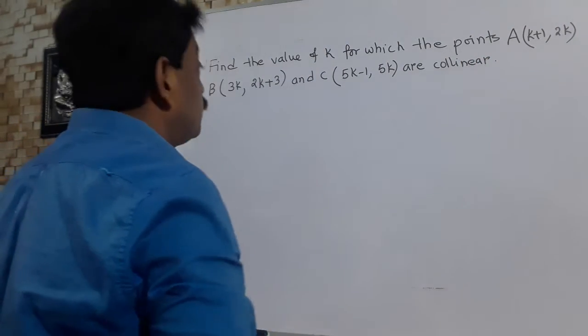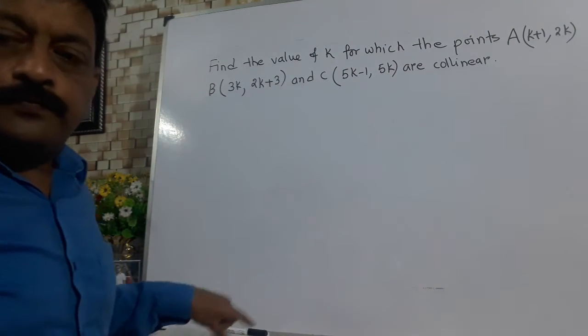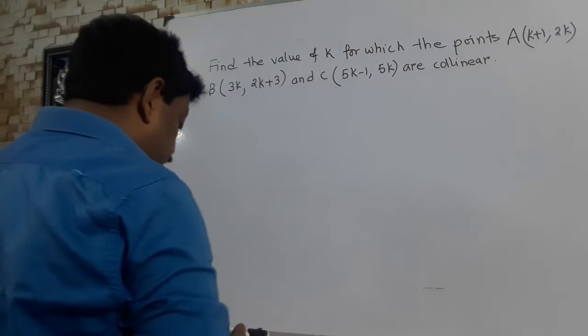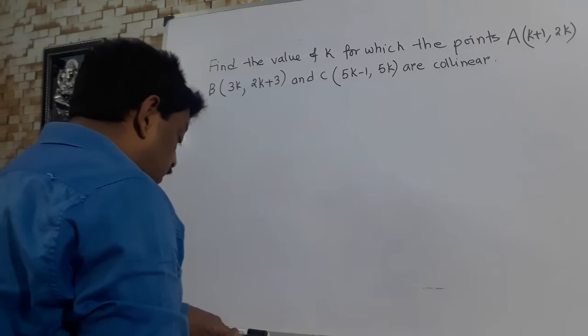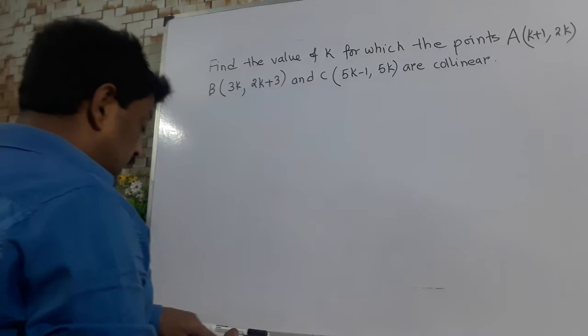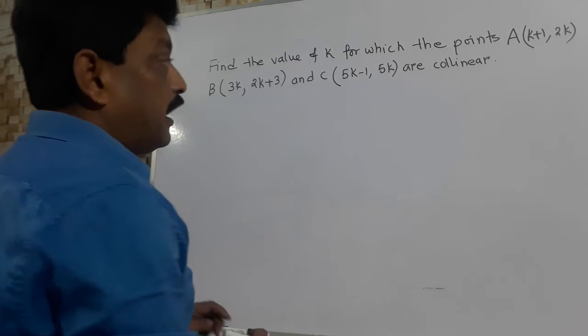Can you see the question? A is k plus 1, 2k. B is 3k, 2k plus 3, and C is 5k minus 1, 5k. They are collinear.